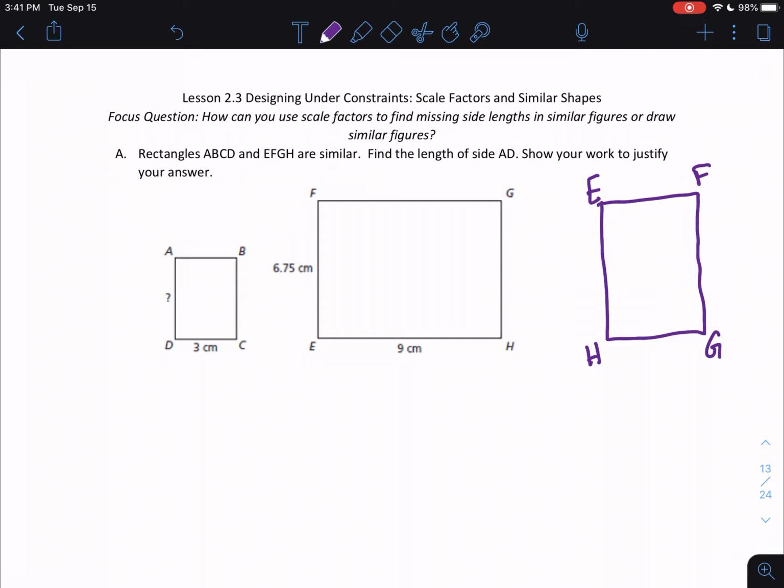Then EH is 9 centimeters and EF is 3 centimeters. I labeled it 3 meters, not 3 centimeters; that was my fault. Then I'm going to do the same thing on my other rectangle, ABCD. That's the question mark, and AB is also 3 centimeters because they are rectangles.